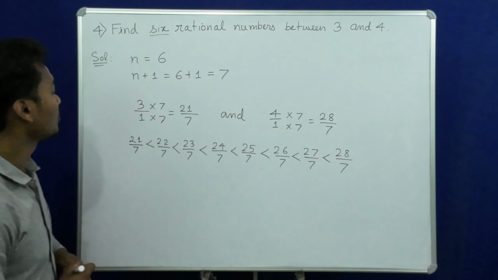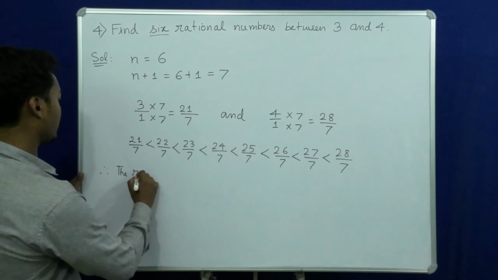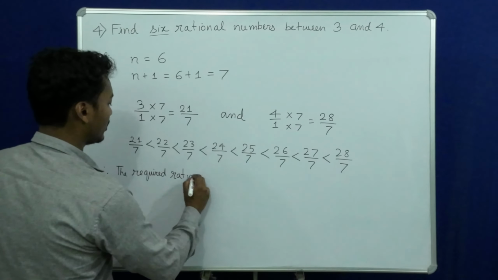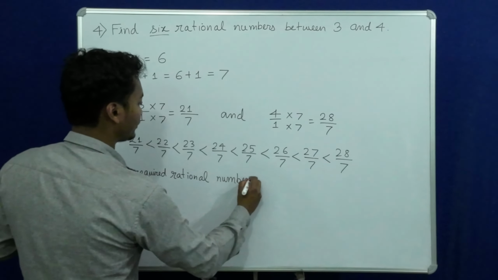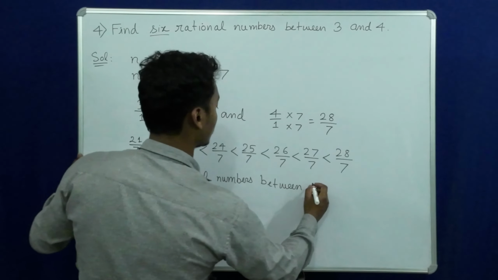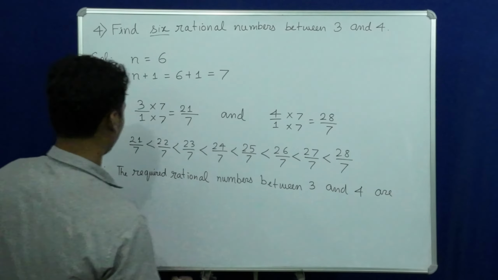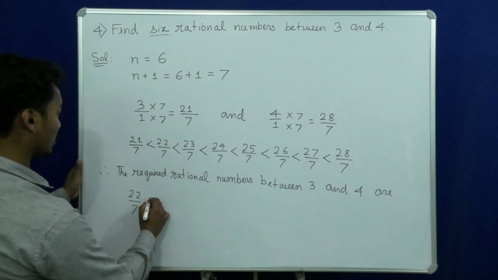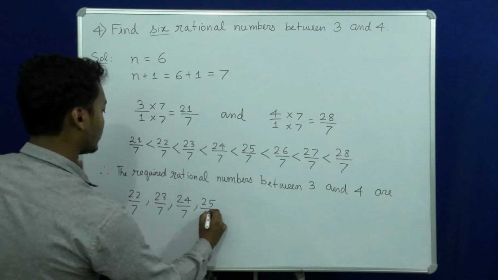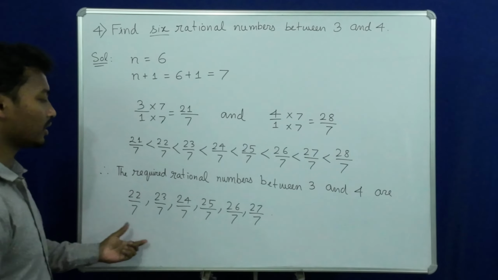So now what you can do is write, therefore, the required rational numbers, or you can say the 6 required rational numbers between 3 and 4 are 22 by 7, 23 by 7, 24 by 7, 25 by 7, 26 by 7, 27 by 7. So these are the 6 rational numbers.